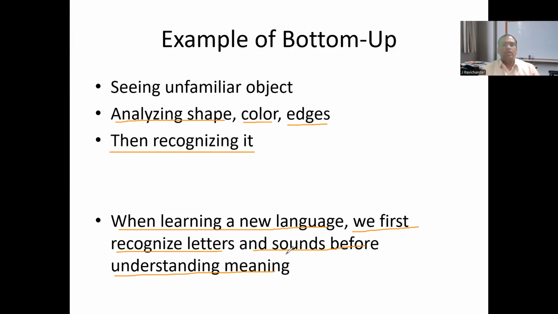When learning a new language, we do not directly learn words. First we learn the letters, then the words, and after that we can understand the meanings of that particular language.